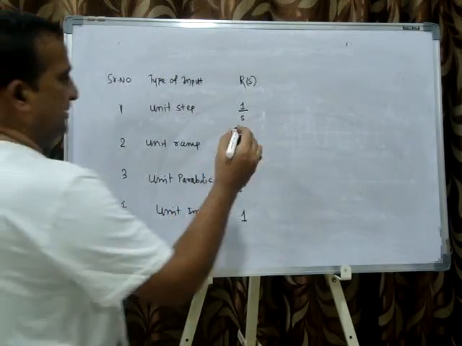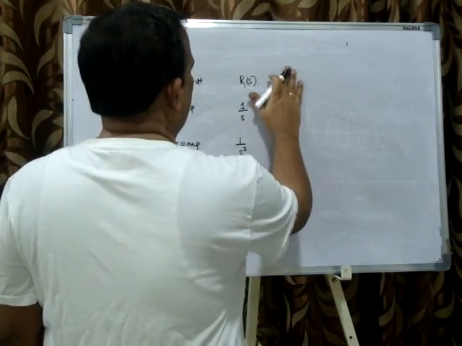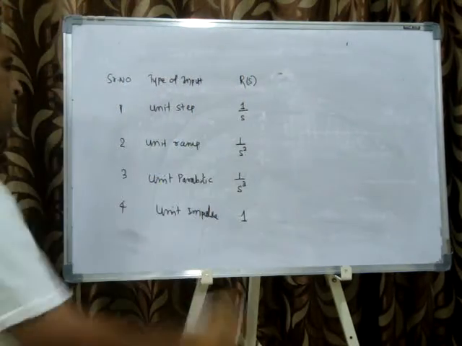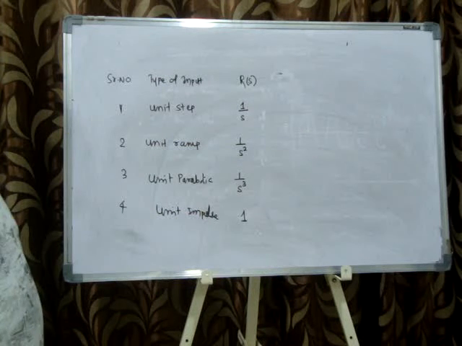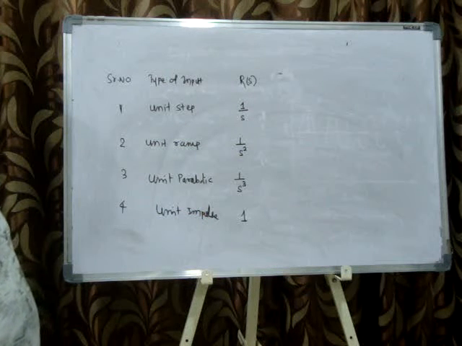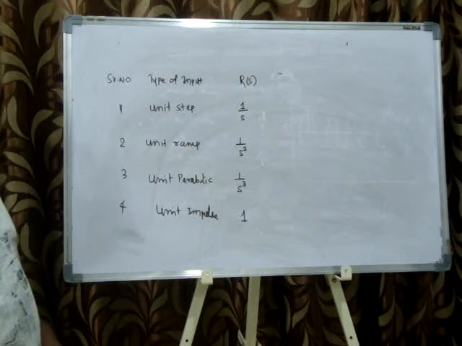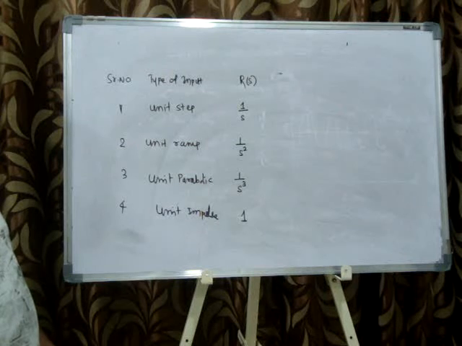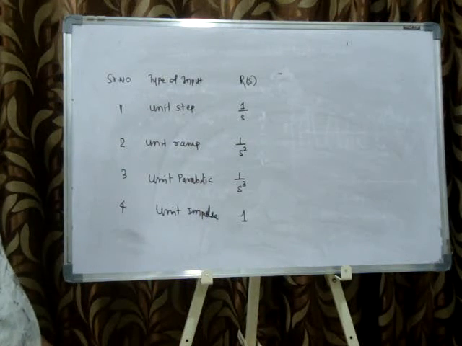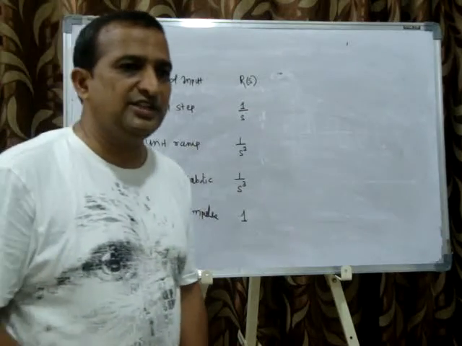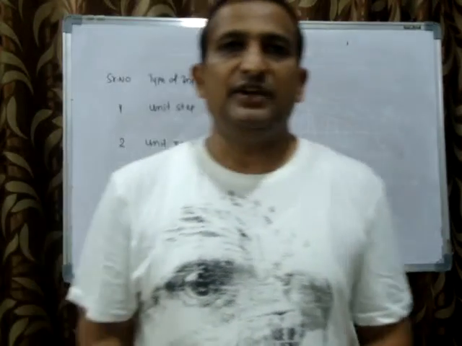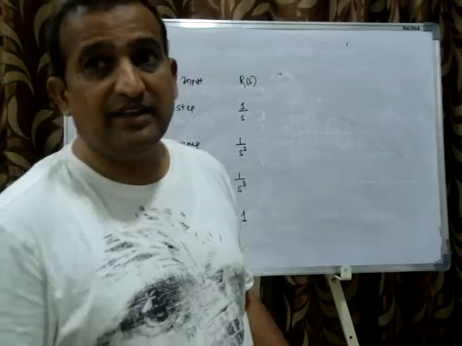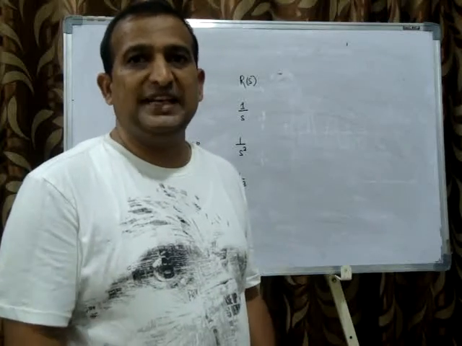In R of t, there is a different story. If you just take the Laplace inverse, you will get R of t. While solving problems, whenever the problem mentions unit step, you take R of S equal to 1 by S, unit ramp is 1 by S square, unit parabolic is 1 by S cube, unit impulse is 1. Sometimes the problem will say the input is unit step input and unit ramp input. In that case you have to write 1 by S plus 1 by S square.